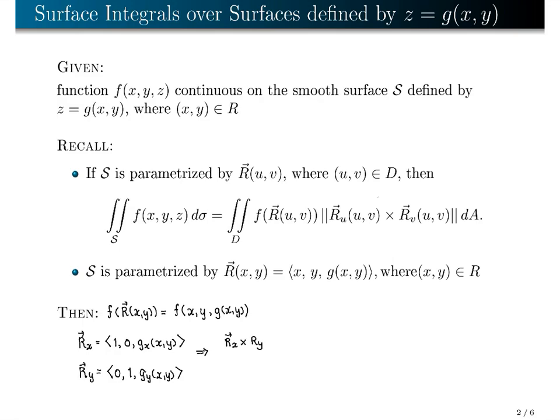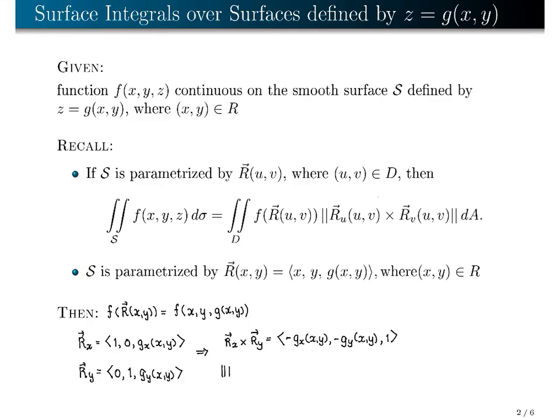We can now compute the cross product of r_x and r_y. r_x cross r_y has x component the negative of the partial of g with respect to x at (x, y), y component the negative of the partial of g with respect to y at (x, y), and z component 1.